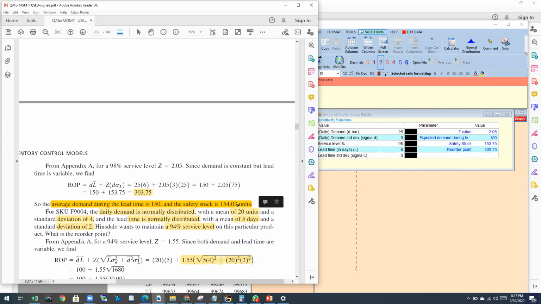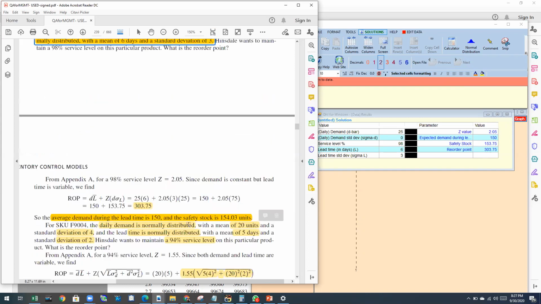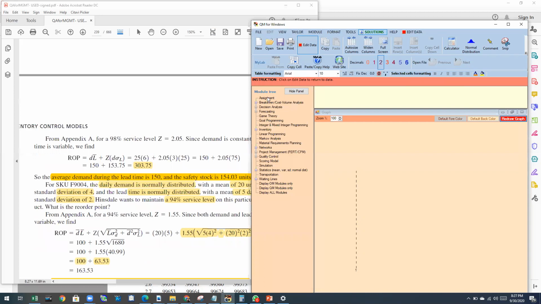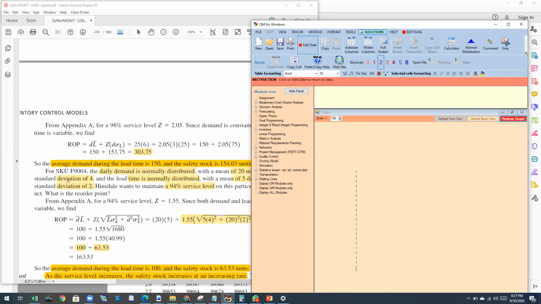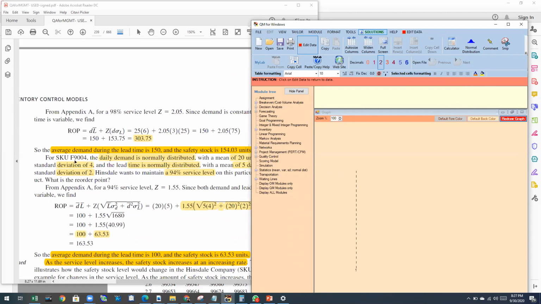Okay, let's look at the third situation, SKU F9004, where the daily demand varies and the lead time varies.